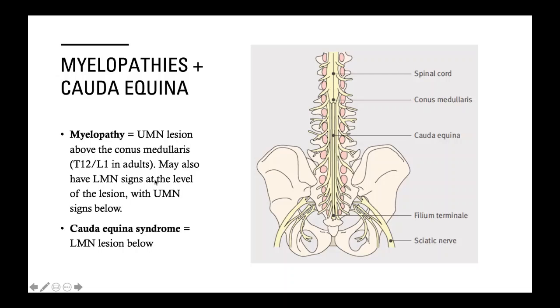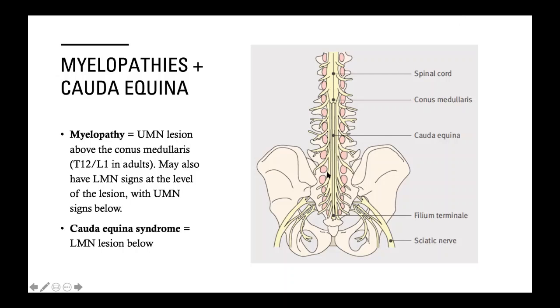And you might also have lower motor neuron signs at the level of the lesion with upper motor neuron signs below. If you get a compression at a certain level, it might be compressing the anterior horn cell at that level, but everything below it's just going to be affecting the efferent tracts, so you're going to get an upper motor neuron lesion, but you might get a lower motor neuron lesion at that level.